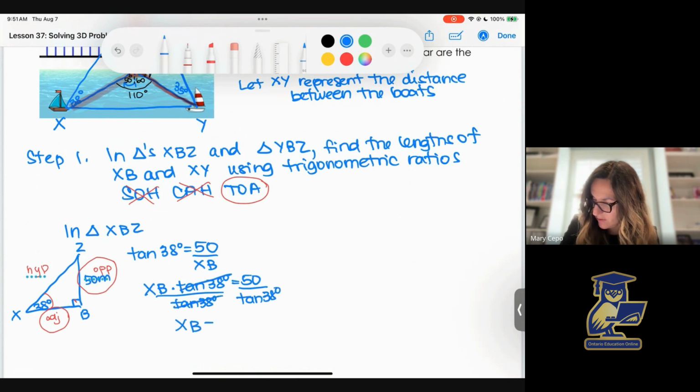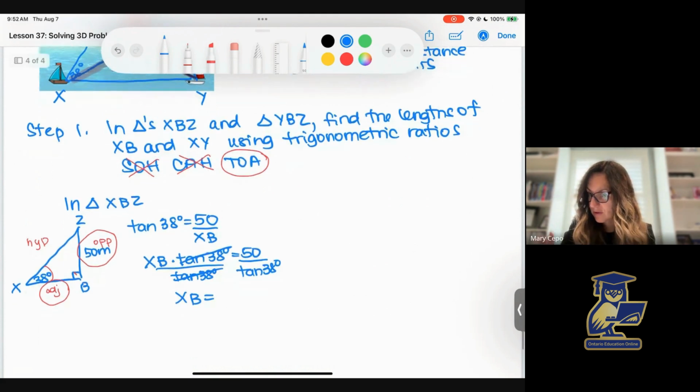XB is equal to 50 divided by tan 38. Okay, and I think we have to round to the nearest meter. So this is 63.9970816. So XB is about 64 meters.